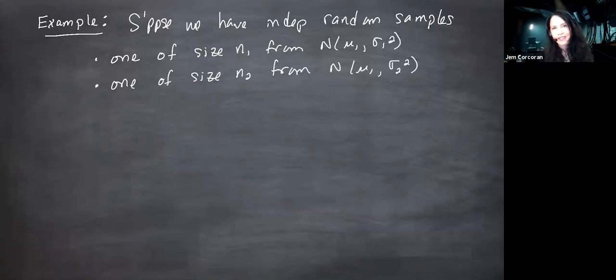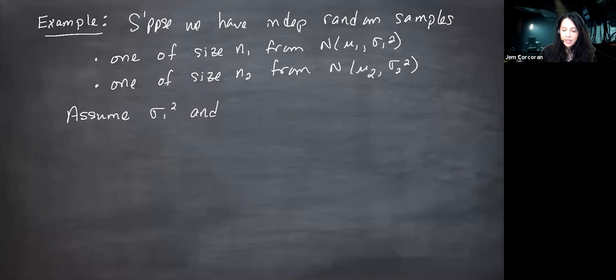I'm going to assume that sigma 1 squared and sigma 2 squared are known, and if they are, I'm going to try to come up with a confidence interval for the difference between the means. That should be a mu2 in my second normal distribution. I wrote mu1 again. Again, it's like our step 1 building block for making more complicated scenarios here.